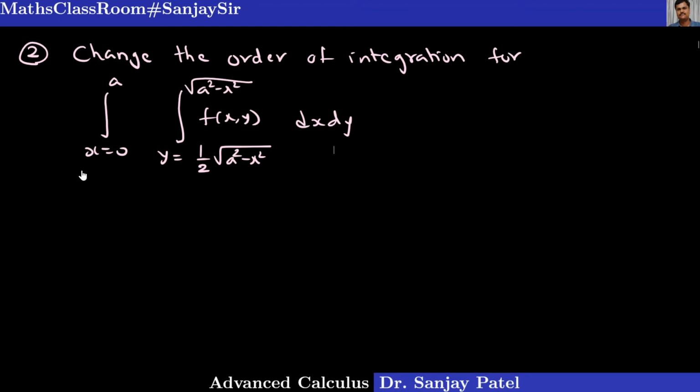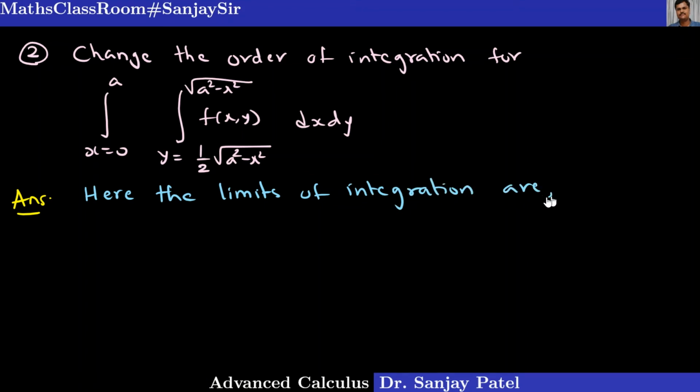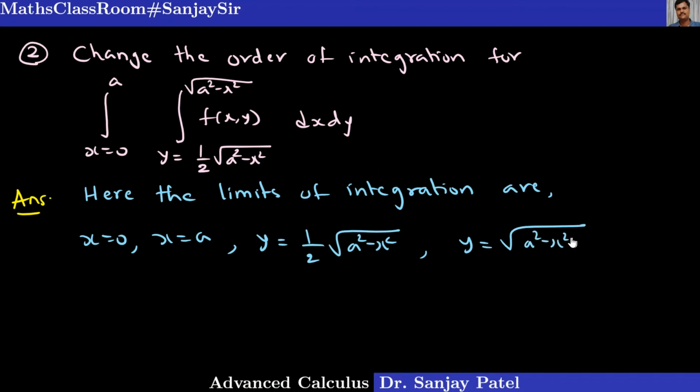So first of all, let us note the limits of integration here. The region of integration is bounded by these 4 curves: x equal to 0, x is equal to a, y is equal to 1 by 2 times square root of a square minus x square, and y is equal to square root of a square minus x square.